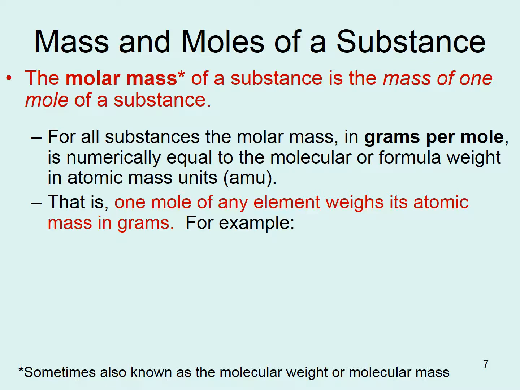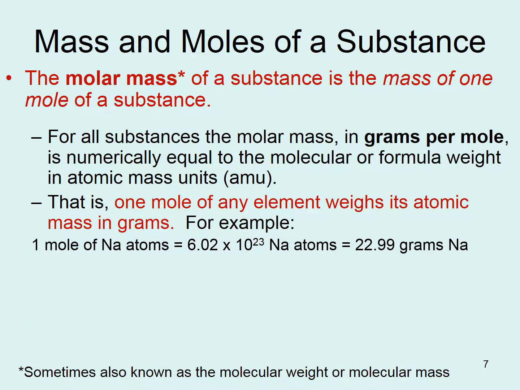So we don't use AMU anymore. That was just kind of a nice unit that helped us define what we were talking about back then. But now that we're really getting into being able to go to the lab, pick up things, and weigh them, we need to use grams. So if we have 1 mole of sodium atoms, what does that mean? That means we have 6.02 times 10 to the 23rd sodium atoms, and 1 mole of sodium atoms will weigh 22.99 grams of sodium.